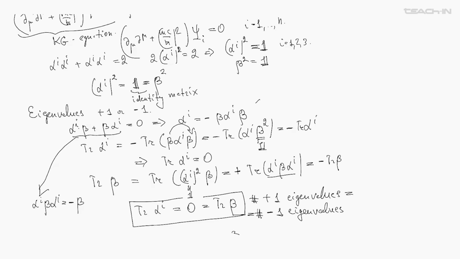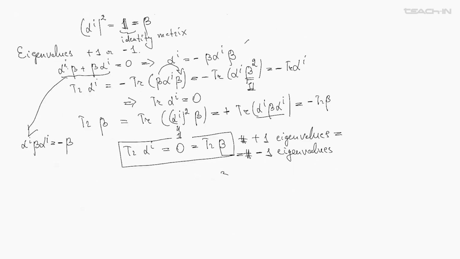So the eigenvalues are plus or minus 1, but the numbers of these eigenvalues must be such that the trace is equal to 0. And therefore, this is only possible when n, the dimension of our multi-component spinor, is even. Number n must be even.